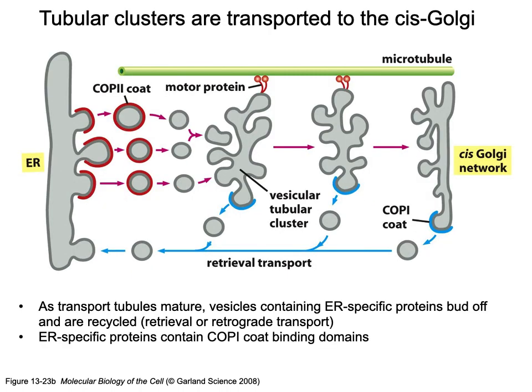So here we can see how motor proteins are going to keep parts of the Golgi anchored or moving along there. So if we don't have movement of those motor proteins, we're going to keep that Golgi present in one spot.